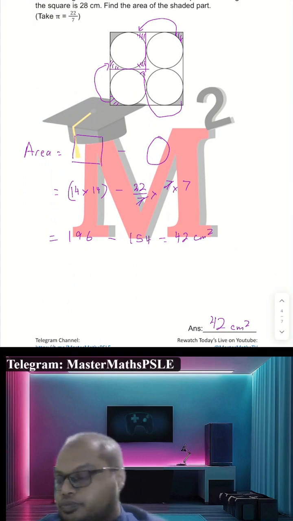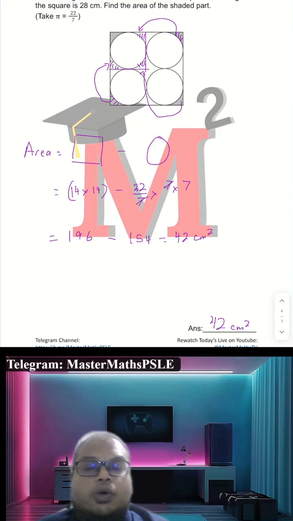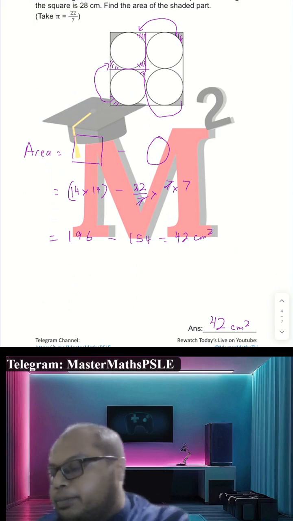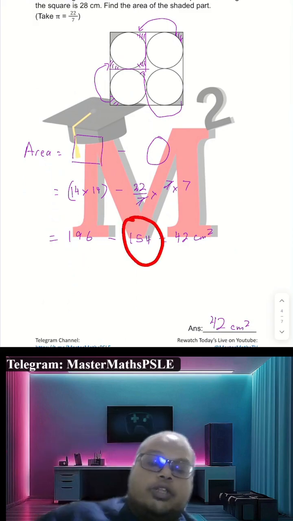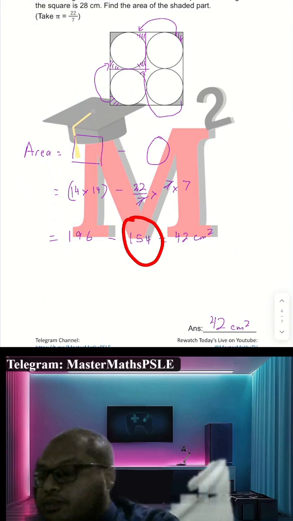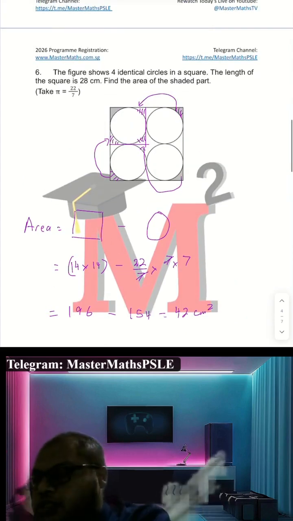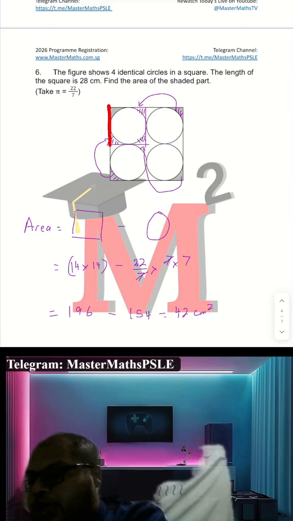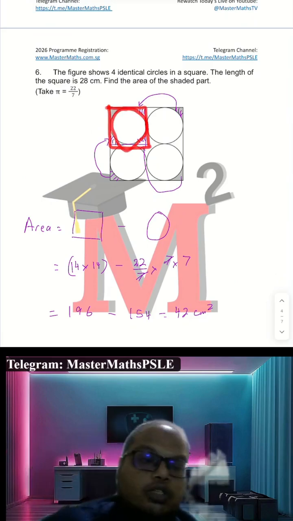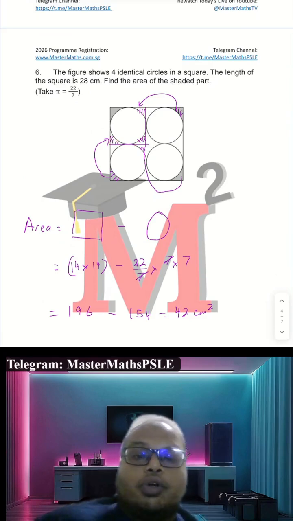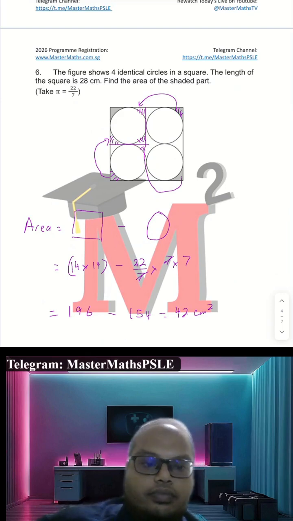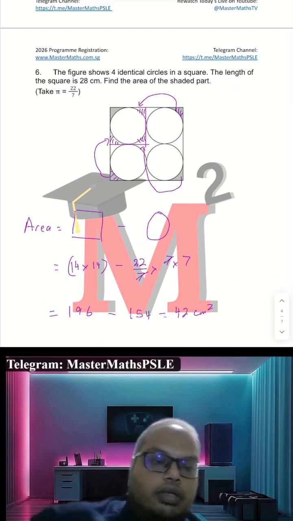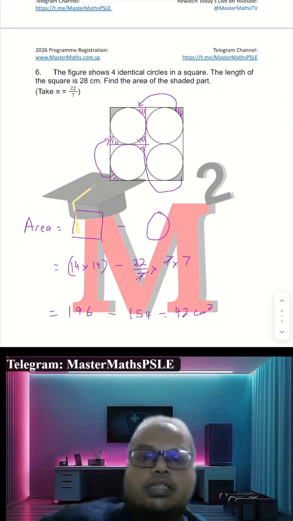I think just now somebody put 196 and somebody put 154. So actually you need to subtract them. Why 14 times 14? Because like I say, it's the square minus the circle, right? So the sides of the square is 14 cm.